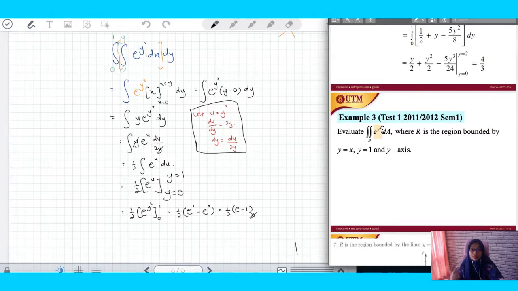Again, if you're asking me, how can I know that this particular integrand should be better integrated with respect to x or with respect to y? I have no specific answer for that. But sometimes if you do a lot of exercises, the idea will come directly into your mind.